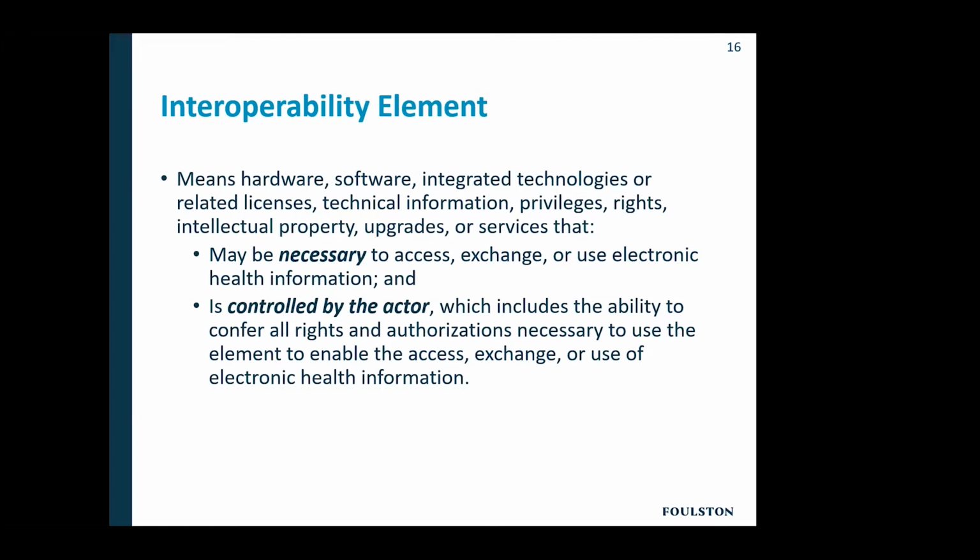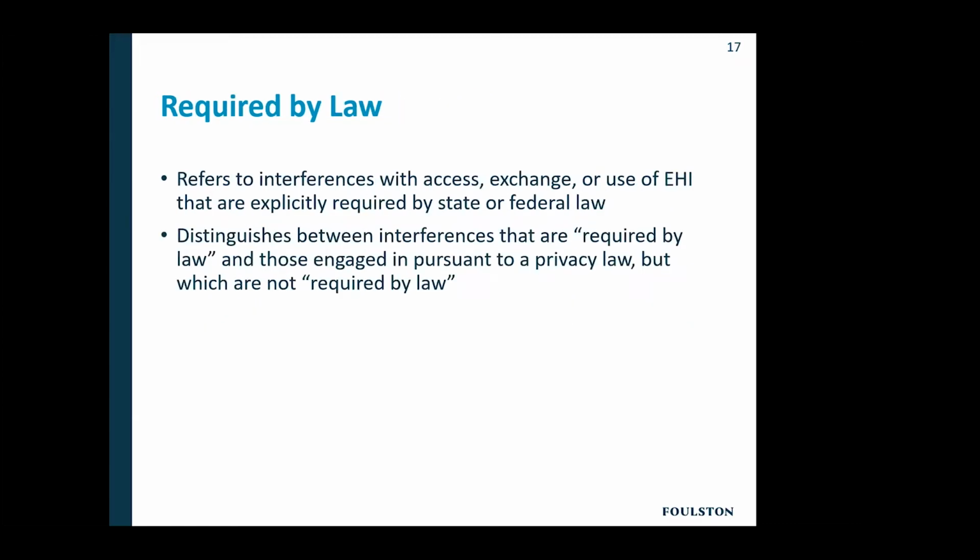And again, this definition allows a licensing exception, so you can license certain health IT that might interfere with access, because they understand people want to develop technologies. You may want to profit off that, and there's a recognition that you should be allowed to reasonably profit off of interoperability elements that you develop.